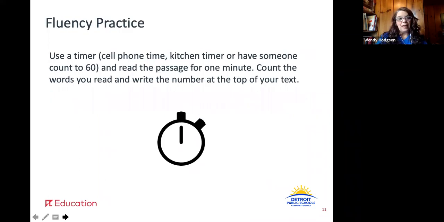And in the very end, if you would use a timer and set it for 60 seconds and begin reading your article another time today. And after 60 seconds, just put a mark on the page as to how far you get.